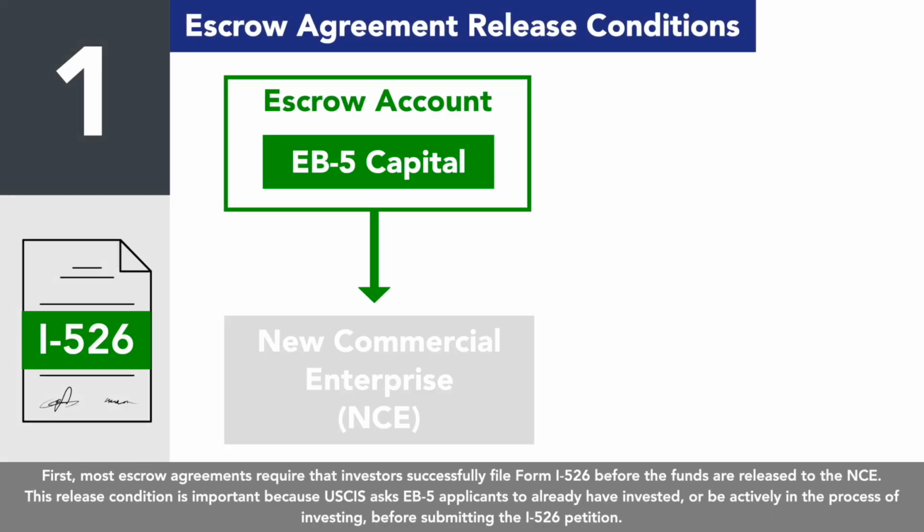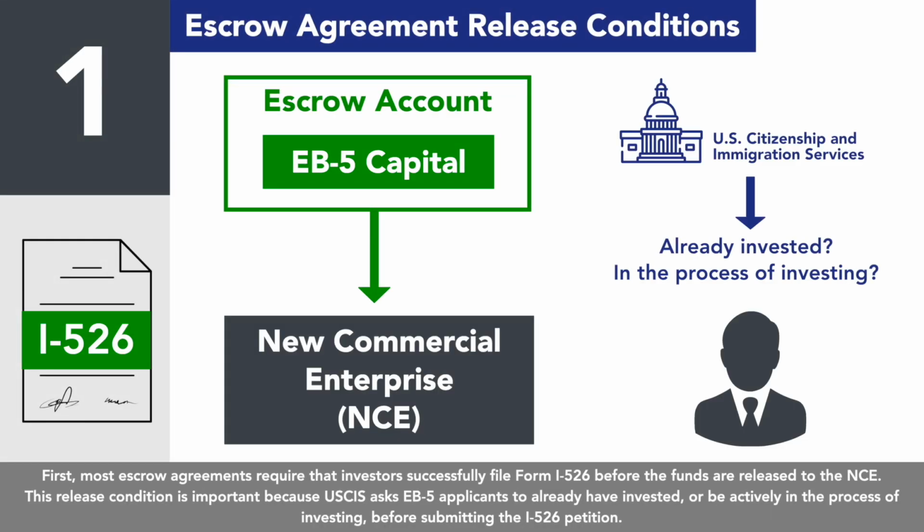First, most escrow agreements require that investors successfully file Form I-526 before the funds are released to the NCE. This release condition is important because USCIS asks EB-5 applicants to already have invested or be actively in the process of investing before submitting the I-526 petition.